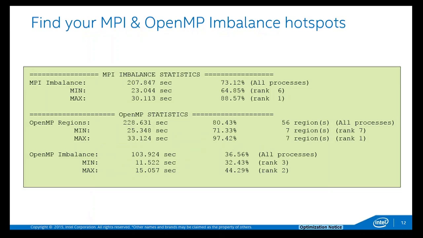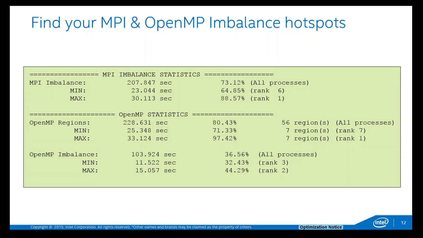So for this particular example, you can see that over 200 seconds of our total runtime were actually spent in potential MPI imbalance. So that adds up to about 73% of our total runtime. So it's probably something that we want to take a look at, right? We want to do some further analysis on the MPI sections of our code to figure out if we can reduce some of that imbalance.